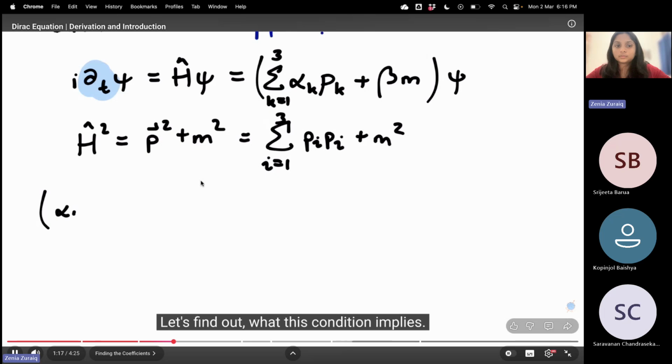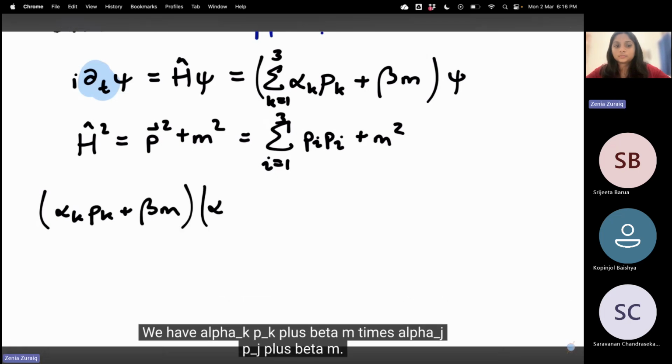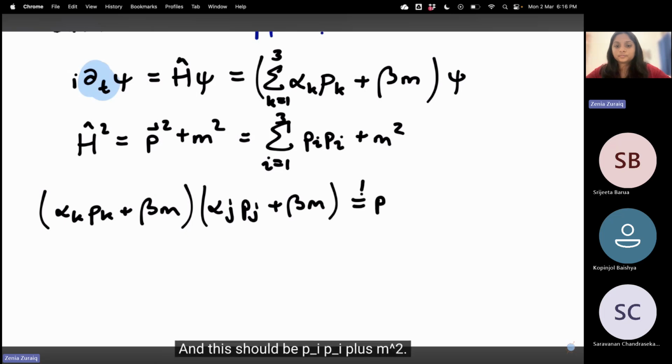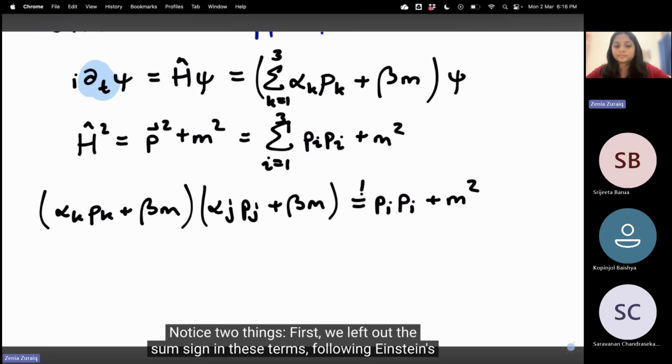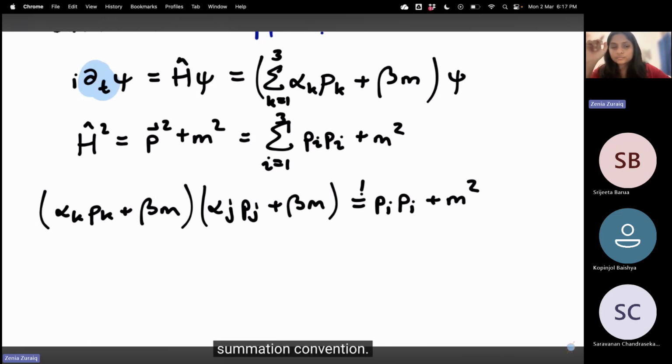Let's find out what this condition implies. We have alpha_k p_k plus beta m, times alpha_j p_j plus beta m, and this should be p_i p_i plus m squared. Notice two things. First, we left out the sum sign in these terms, following Einstein's summation convention. Whenever two indices are repeated, they are summed over.